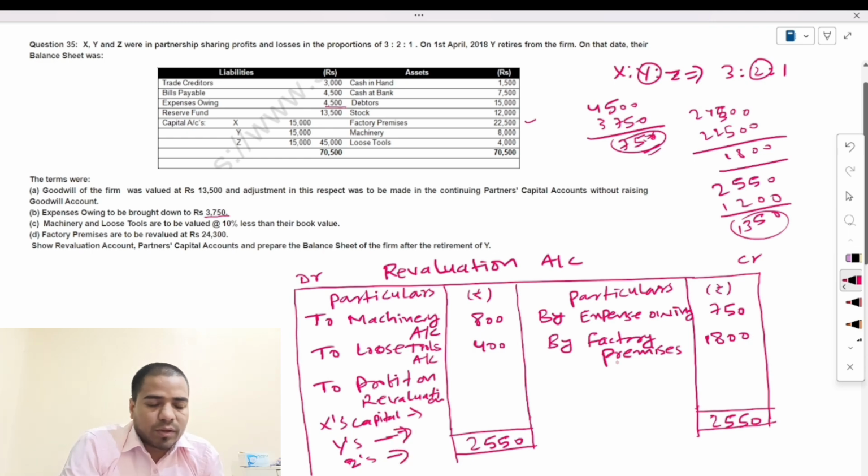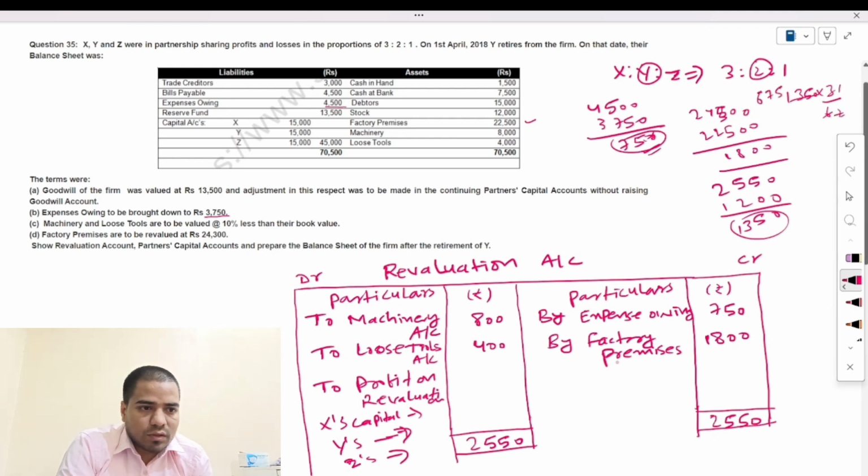How much profit would be here? Profit sharing ratio is given 3:2:1. 1,350 times 3 upon 6. 2 6 the 12, 2 7 the 14, 675 total value would be here.